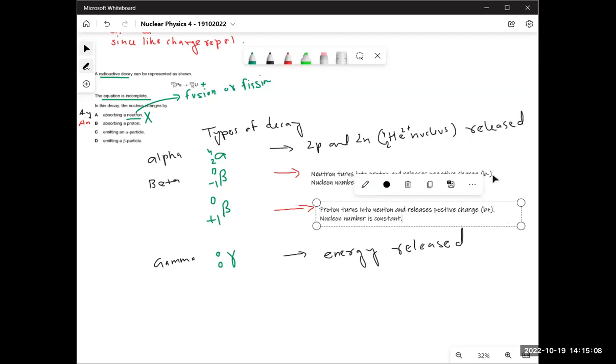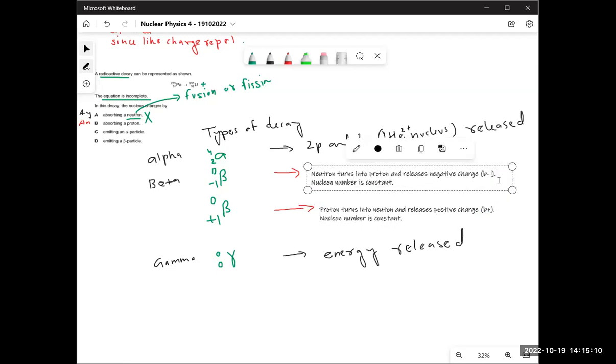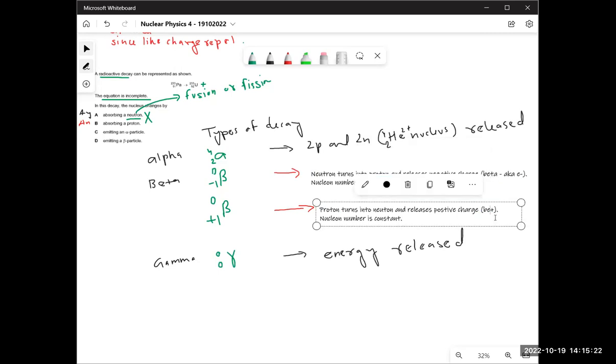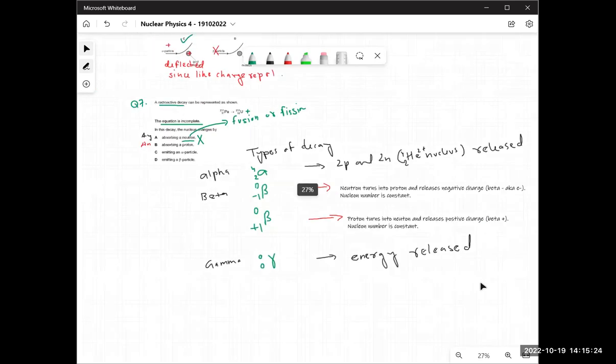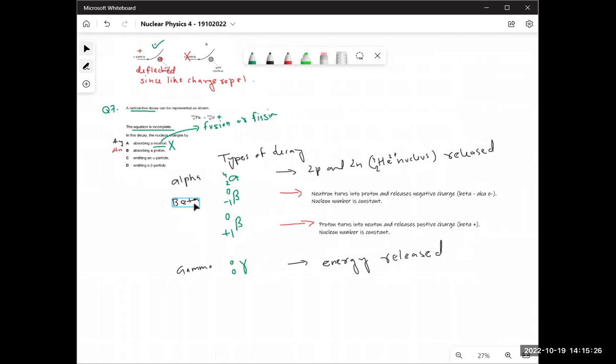Nucleon number is constant. How much have you written, Anas? Manvi, can you hear me? Yes.